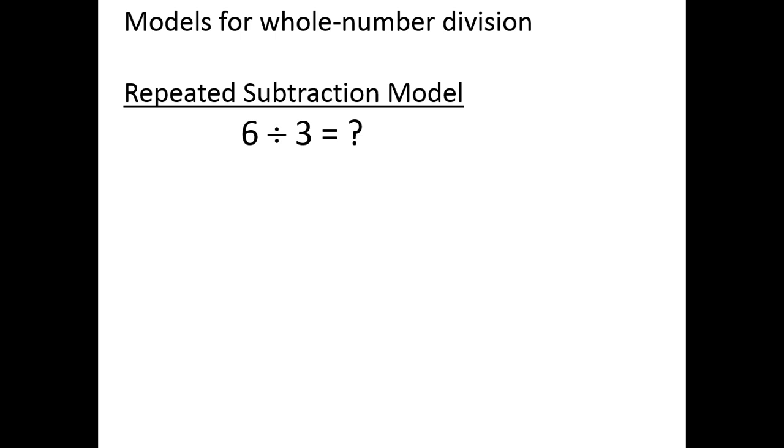So if we say 6 divided by 3 is something, what we want to know is if we start with 6, how many times can we subtract that 3 from the 6 in order to end up with 0. So we can subtract once, twice, to end up at 0. Since we can subtract twice, we know that 6 divided by 3 has to equal 2.